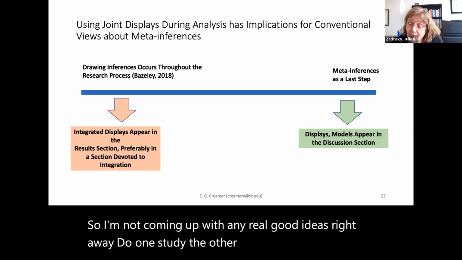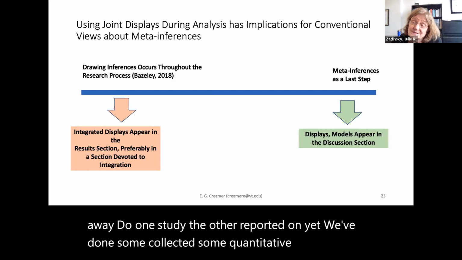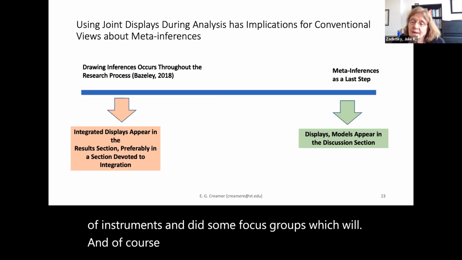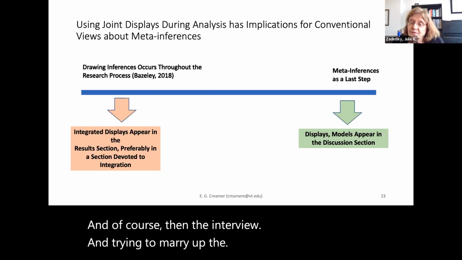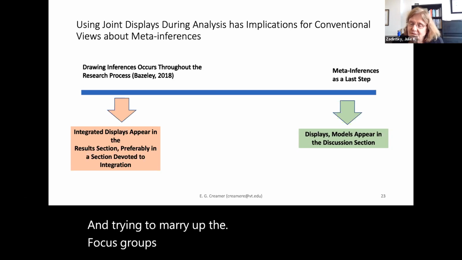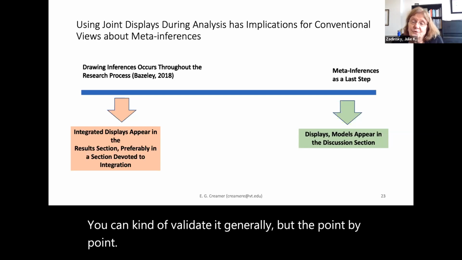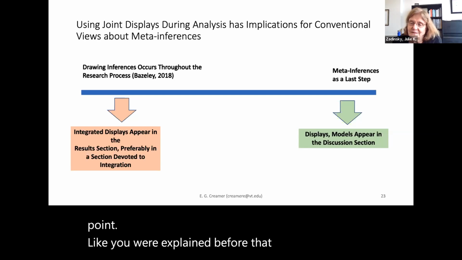We've collected some quantitative data in terms of instruments, then did some focus groups, which is a little different, of course, than the interviews, and trying to marry up the focus groups with how the instruments came out. They can kind of validate it generally, but the point by point, like you were displaying before, that was so good, was kind of hard to get.